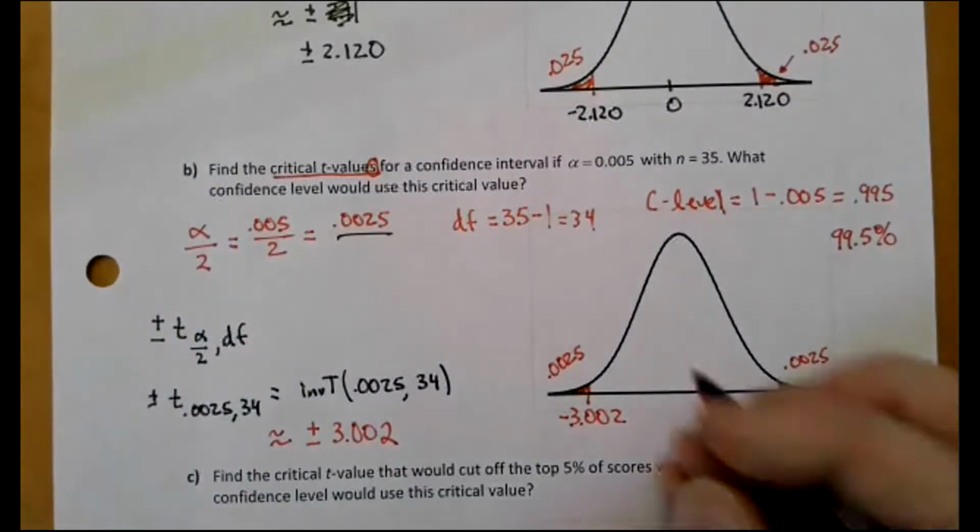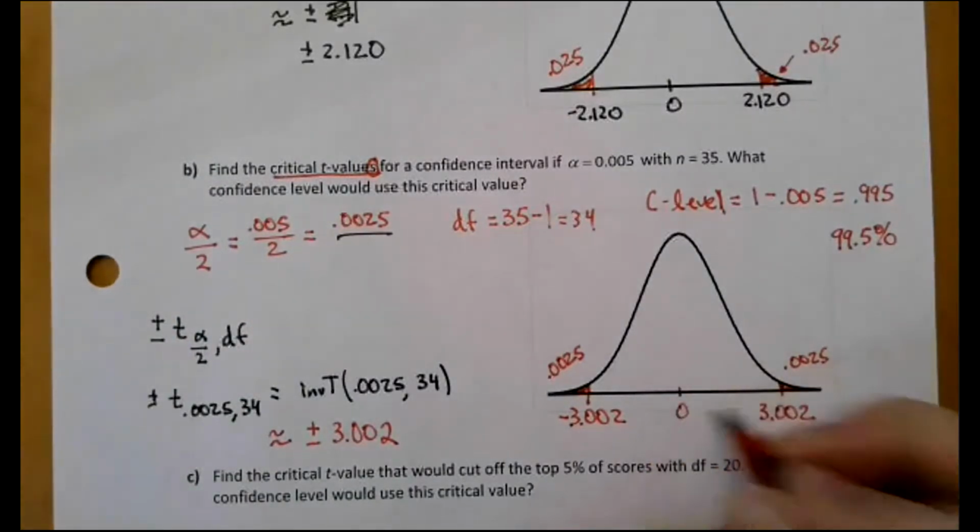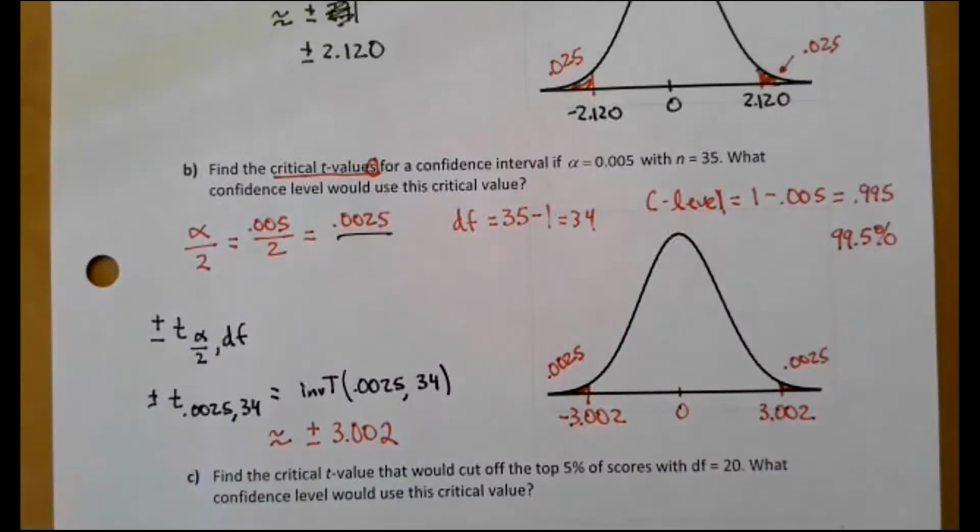And of course, again, the center of this is 0. Okay. Not crazy difficult, right? It's just now you have 2 things you have to remember: inverse t for t critical, and inverse norm for z critical.